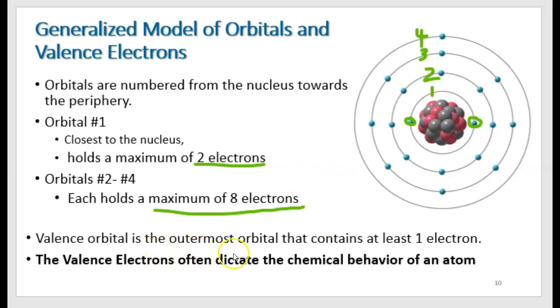The last orbital that has at least 1 electron in it is called the valence orbital. And this is really important because the electrons in that orbital, called valence electrons, really dictate the chemical behavior of an atom and how it interacts with other atoms.